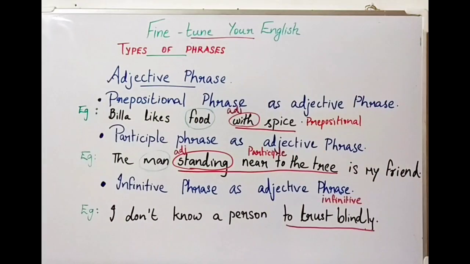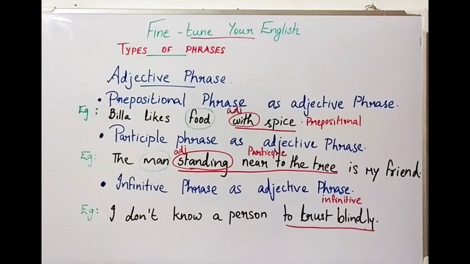Then next situation, sometimes an infinitive phrase acts as an adjective phrase. See the example given here. I don't know a person to trust blindly. Here, to trust blindly is an infinitive phrase because it begins with the infinitive to trust.